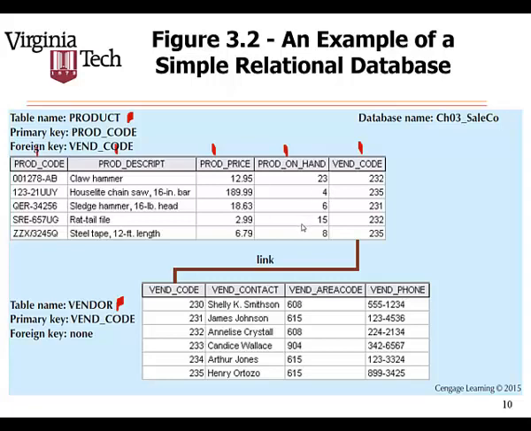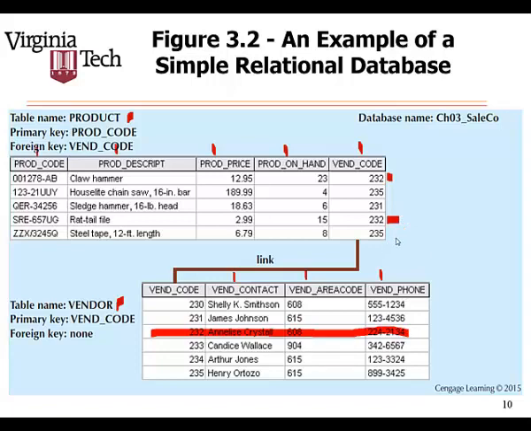But there's a whole bunch of vendor data stored in our vendor relation, like the vendor contact information, the vendor area code, and the vendor phone, right? If we stored it with the product, it would be redundant, right? Because here you see we have 232 and 232, so if we stored these things for 232, we would end up storing them multiple times, and we hate to do that in our database, right?